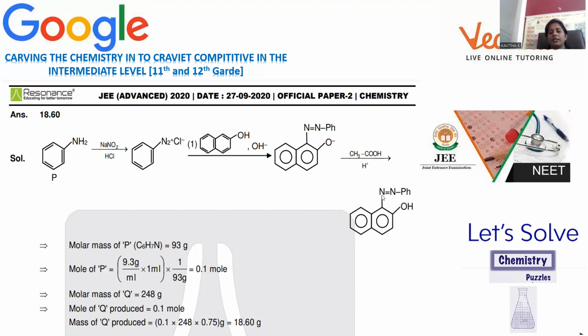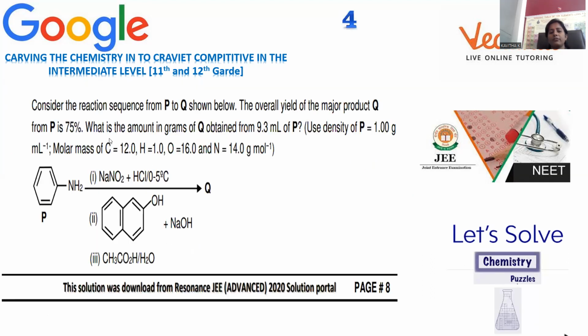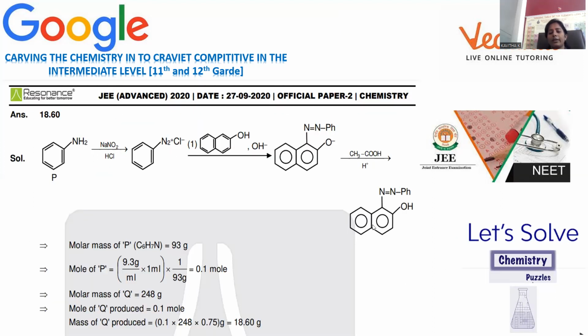And this benzene azo product's molar mass is calculated as 249 grams. If its molecular weight is known to you and the number of moles is also known, it is easy to calculate what they are asking for, the amount of Q. The mass of Q can be calculated by multiplying the number of moles with the molecular weight, and with 0.75.